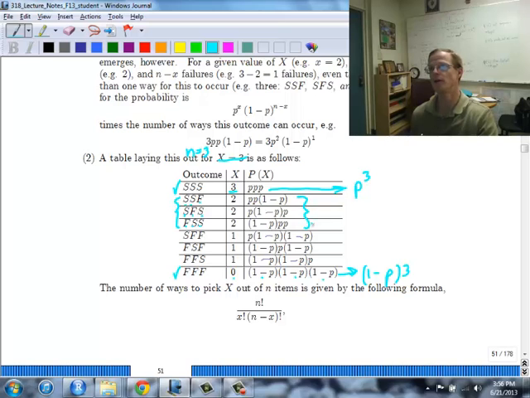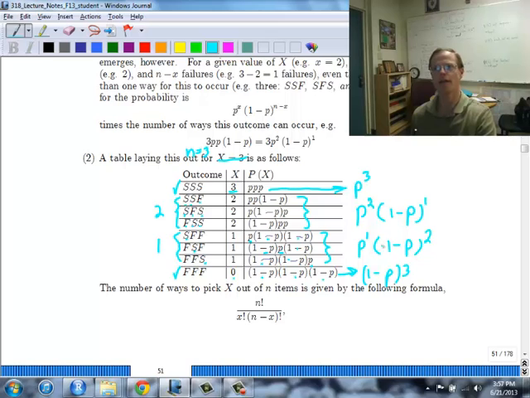These 3, if I notice their similarities, they're all p squared times 1 minus p. And I'm going to put that to the power 1. By contrast, the cases where I only have 1 girl, there are 3 of them, they all have a single p, so I get p to the 1 power, and 1 minus p, 2 of those in each one, so that's to the 2nd power.